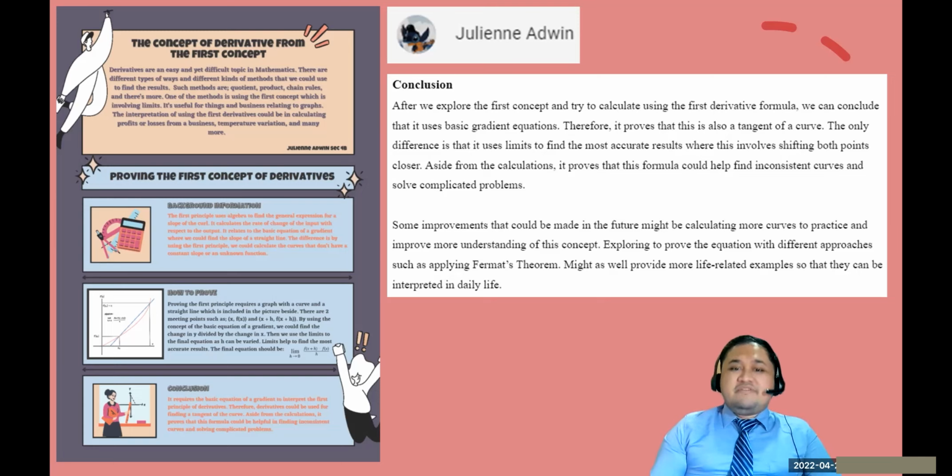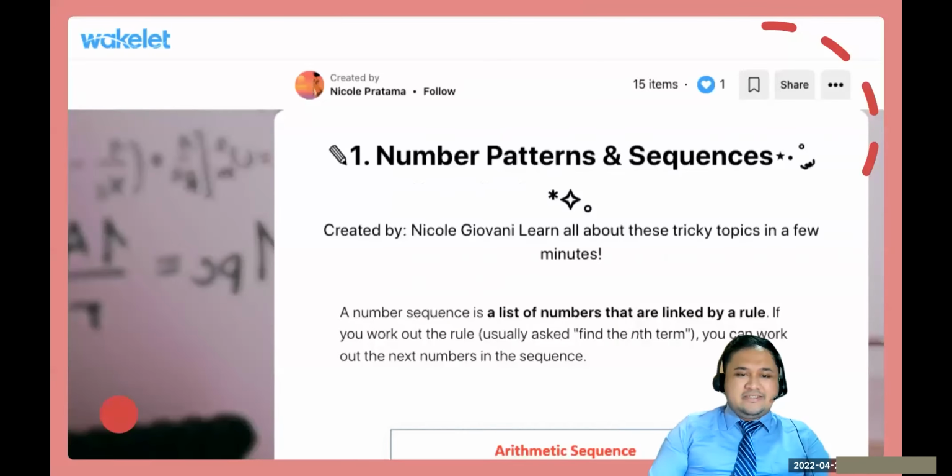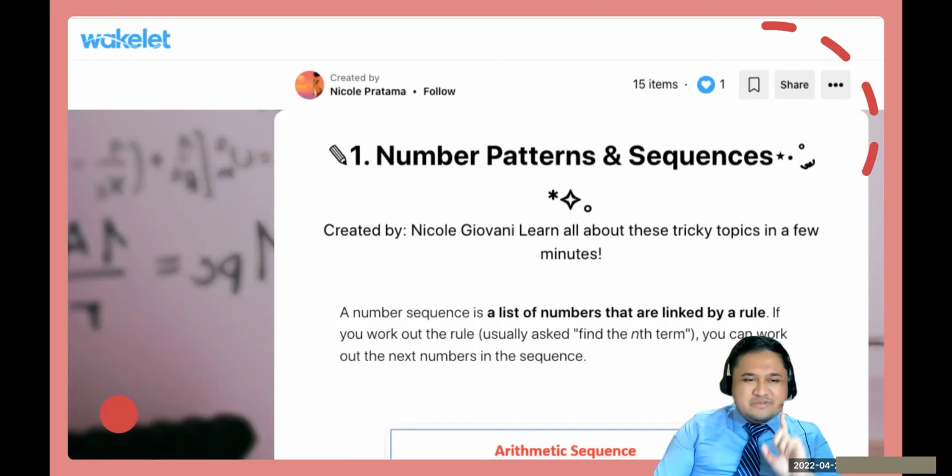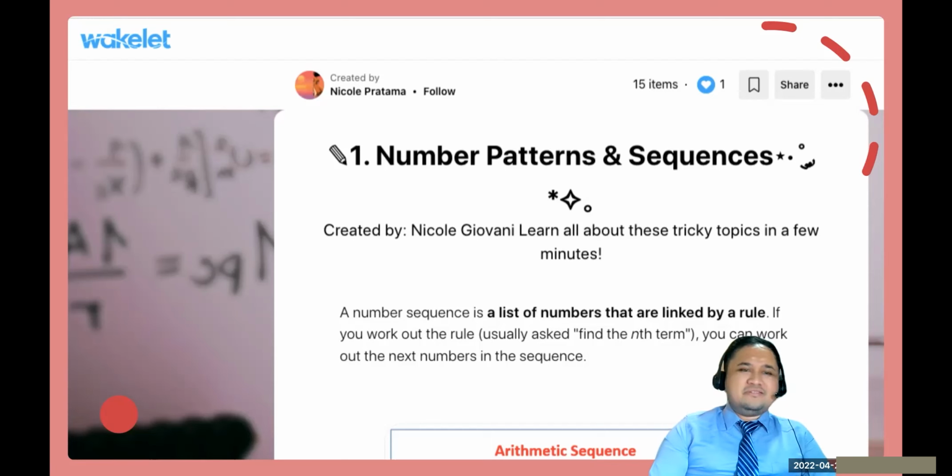Most of the students have difficulty in certain areas of IGCSE topics, and after they reflect on their weaknesses, they will find some resources independently that help them to improve their understanding and share it with their peers through the Wakelet page. And here's one of the examples from Nicole.